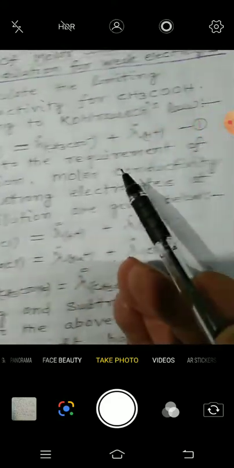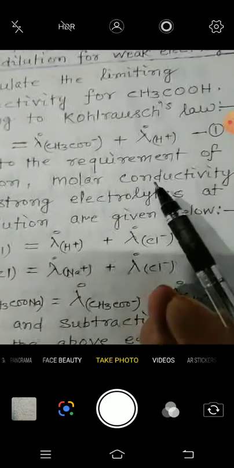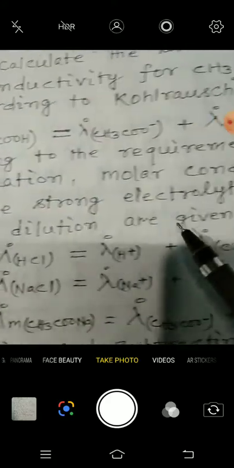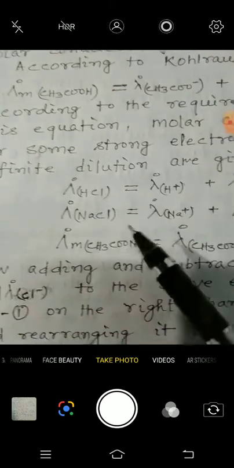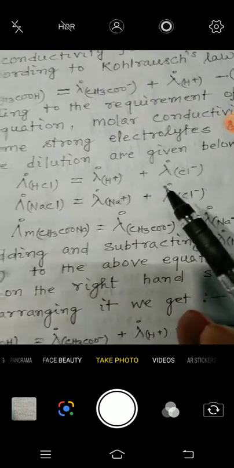This is equation 1. Now, according to the requirement of this equation, molar conductivities for some strong electrolytes at infinite dilution are given below. See here, these are the limiting molar conductivities of strong electrolytes. This is the data given.